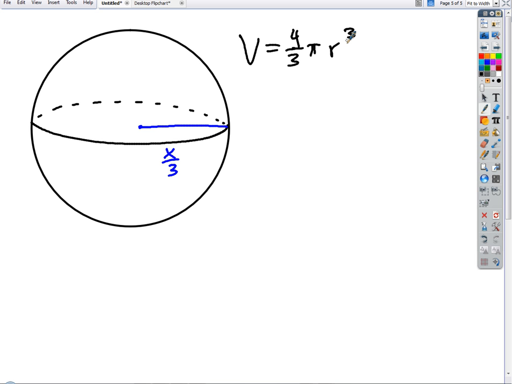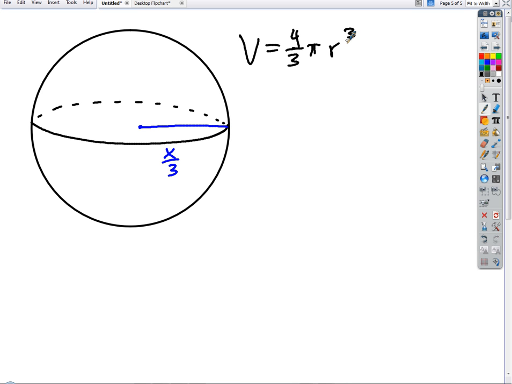So what do I do? Plug it in. That's a 4 on the top. 4/3 pi r cubed. So what am I going to do? If I want to write this formula in terms of x, I have to make a substitution, right? So what substitution am I making?